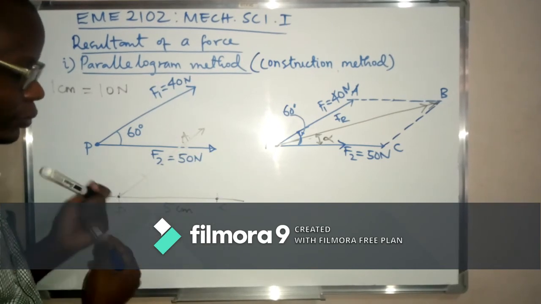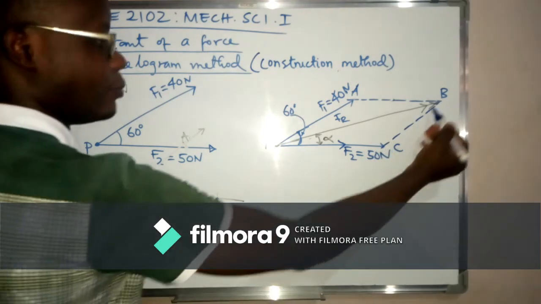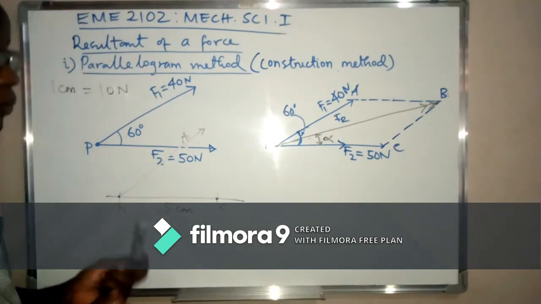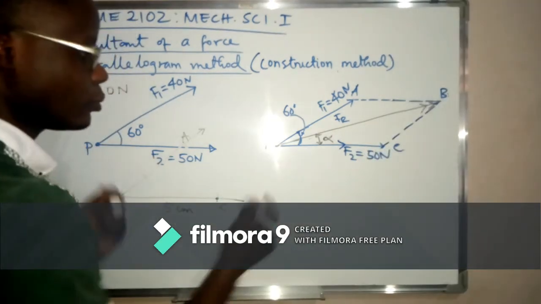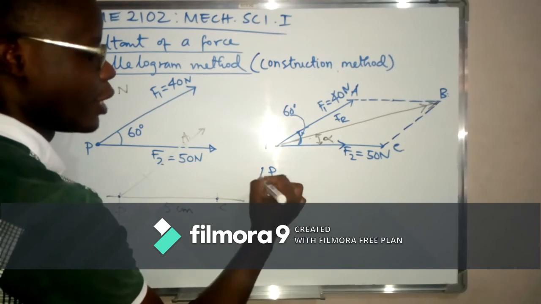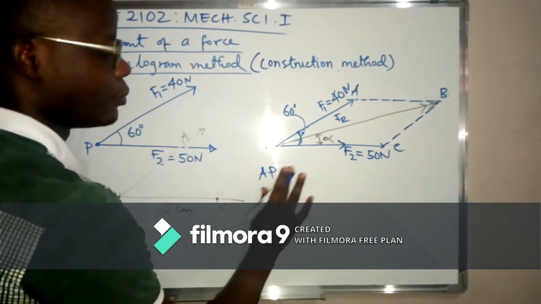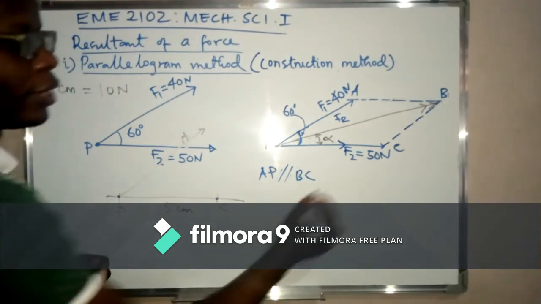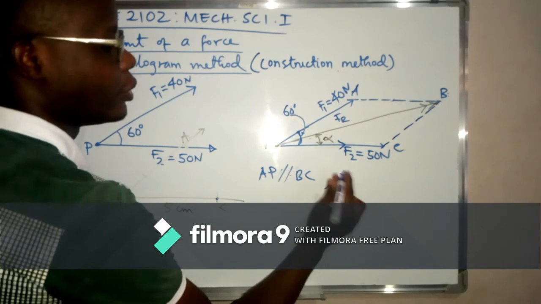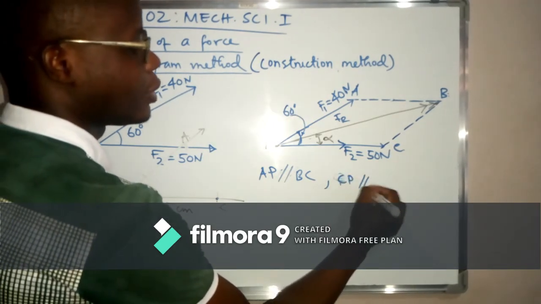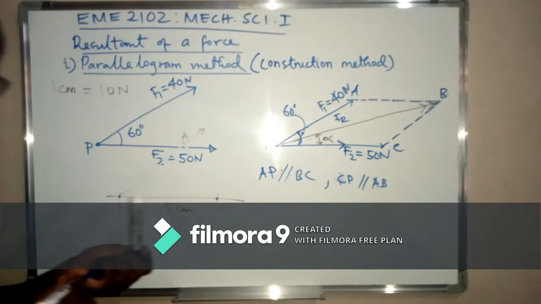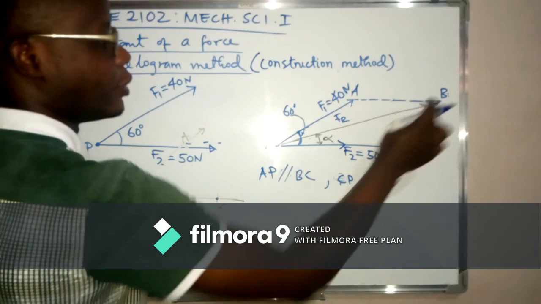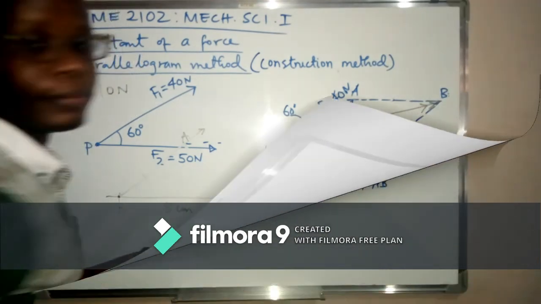When you do that, you come up with this line, B, C. So PA is parallel to BC, and also PC is parallel to AB. Once you do that, you join these two points.